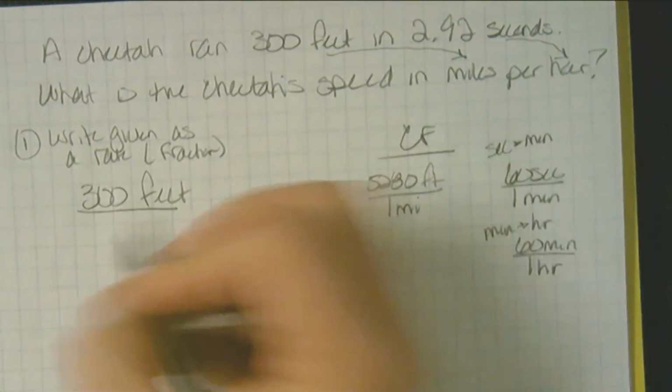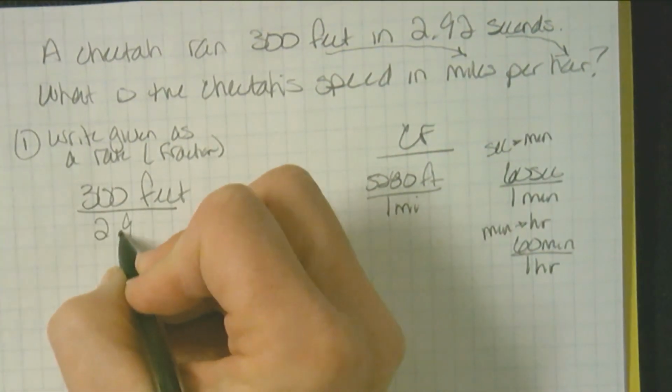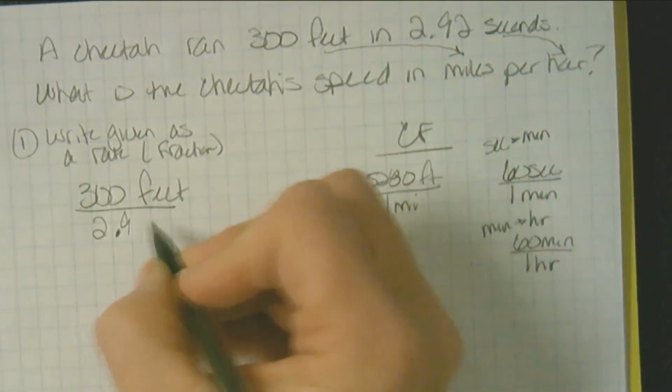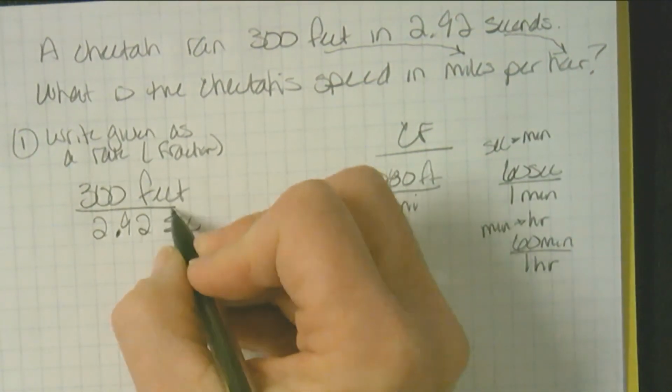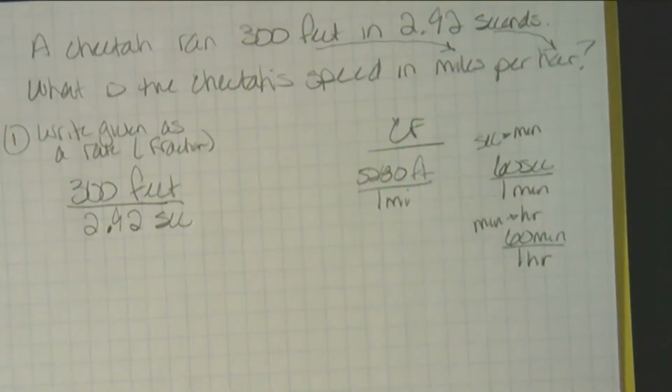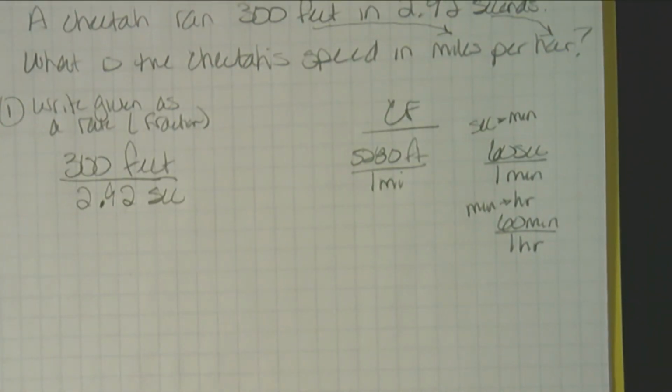My time needs to go in my denominator because I want miles per hour, and I have feet per second. It does not matter whether you start with your distance first or your time first.